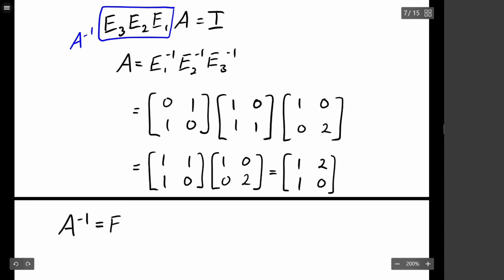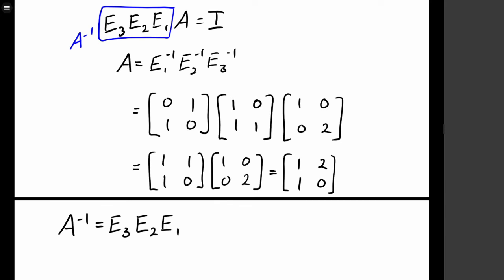So A inverse is E3 times E2 times E1. I'll let you multiply that out on your own. These elementary matrices are really powerful. They let us get the inverse in a pretty low-level way. Hopefully you can see how this is neat.